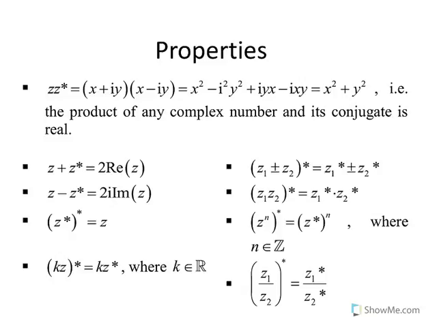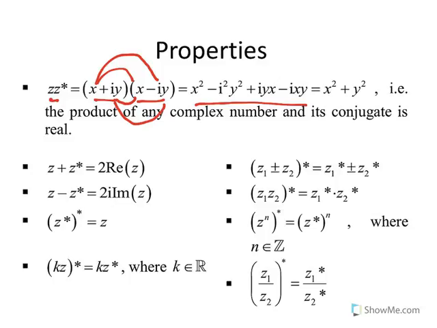So you will observe z and z asterisk. This is just x plus iy multiplied by x minus iy. We did this in question 2. If I do the expansion, I have x squared, ixy, negative ixy, and negative iy squared.